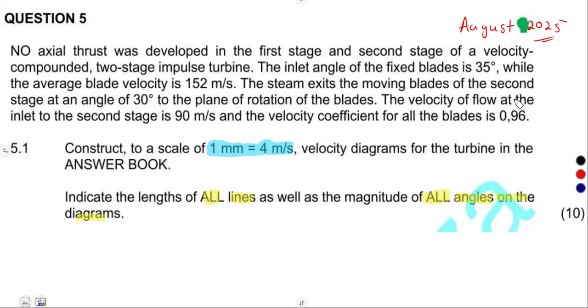We are given first, there is no axial thrust. No axial thrust was developed in the first stage and second stage of the velocity compounded two-stage impulse turbine. So there is no axial thrust for both the first and the second stage.